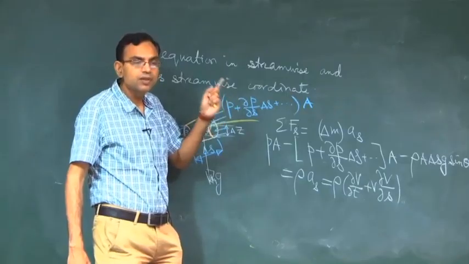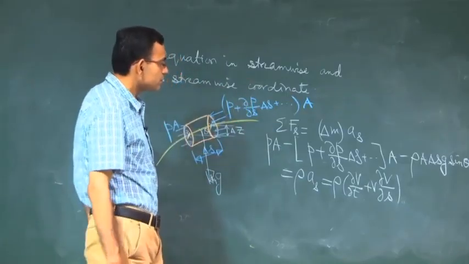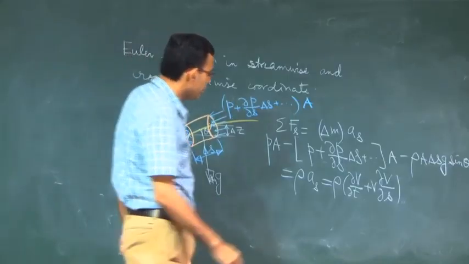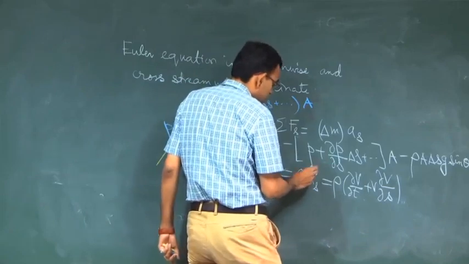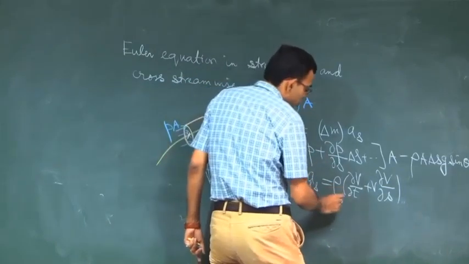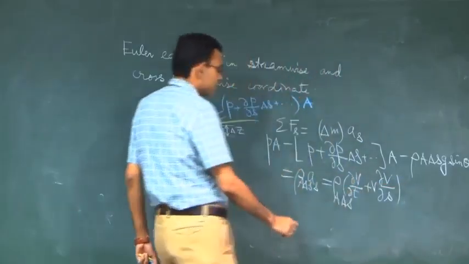So, V is a function of t and S. Into delta m, sorry, into A into delta S, rho into A into delta S.